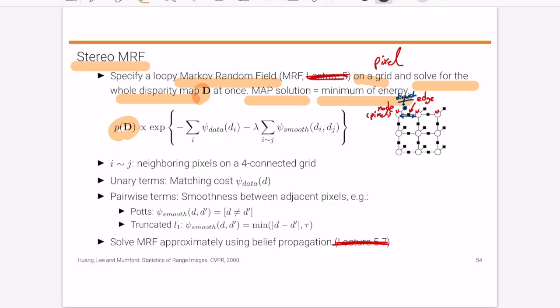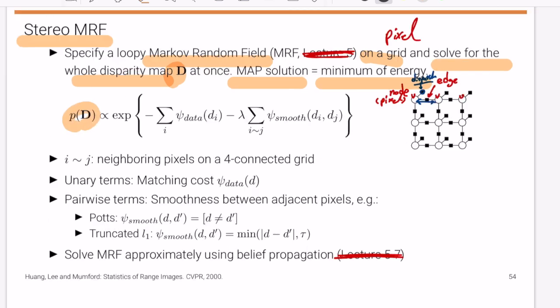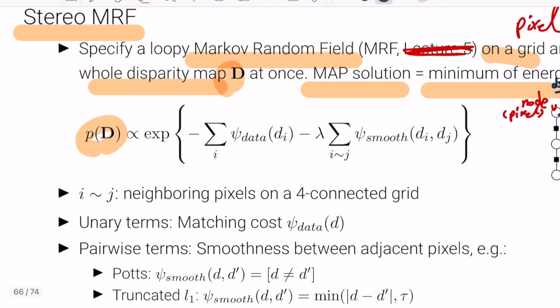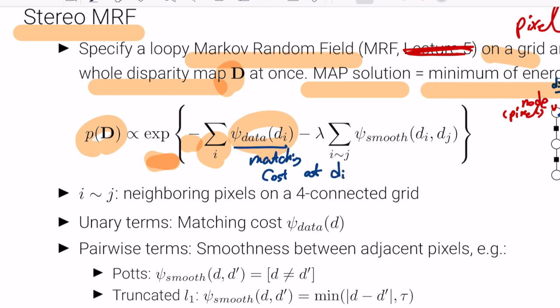So in other words, P of D is equal to the exponential of the negative sum of phi theta of d_i, the matching cost at disparity d_i.